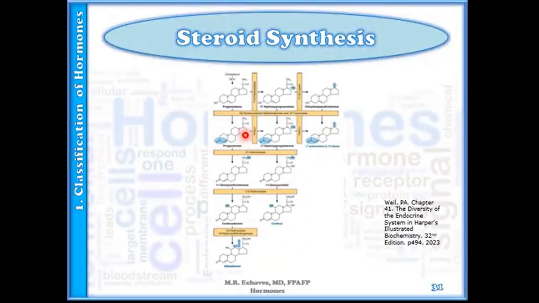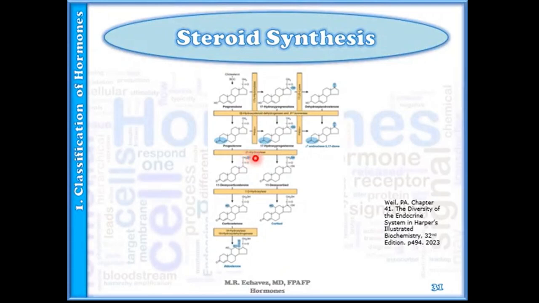This is your progesterone. The same thing if you have the pregnenolone version with a hydroxyl group on carbon 17: you change the hydroxyl group into a carbonyl oxygen and a double bond, then this is your 17-hydroxy version of progesterone.